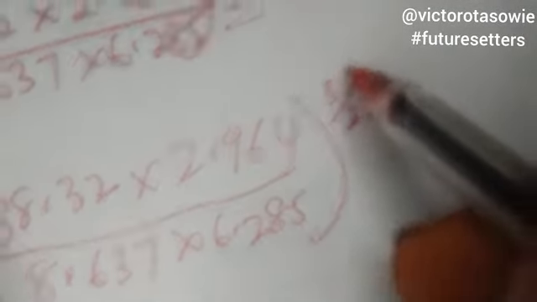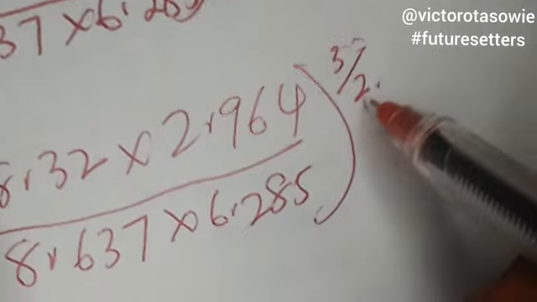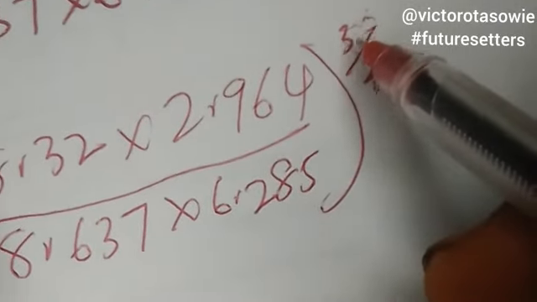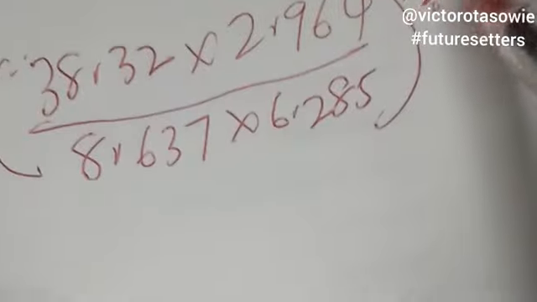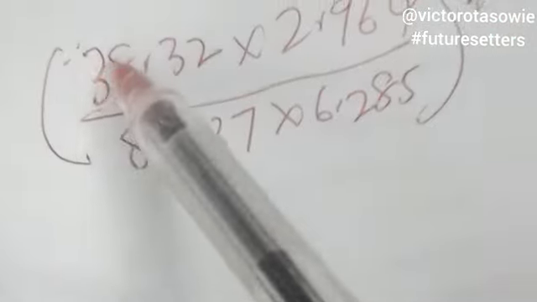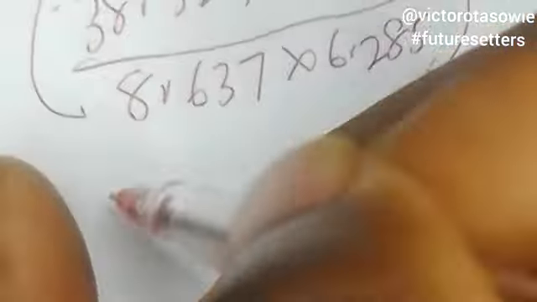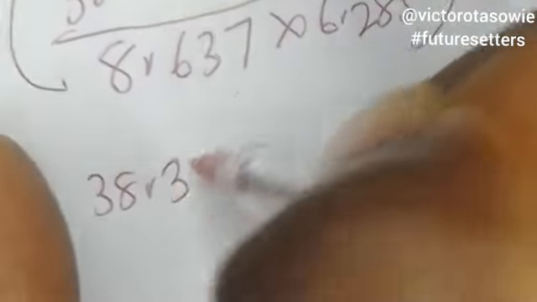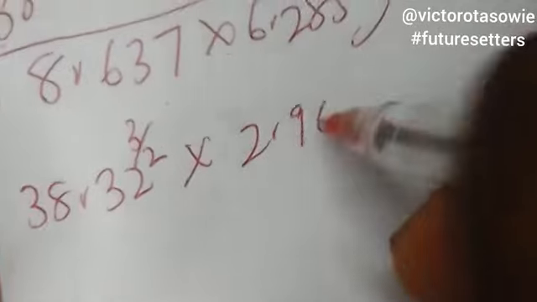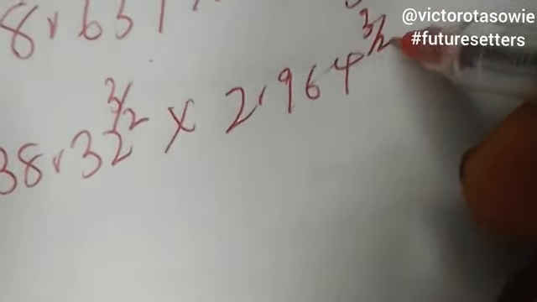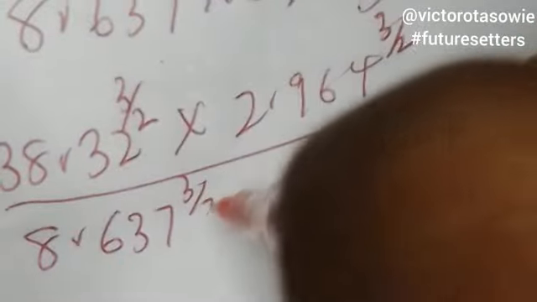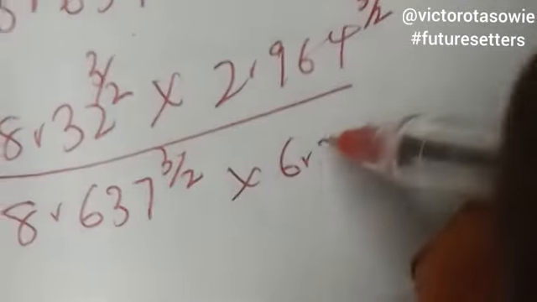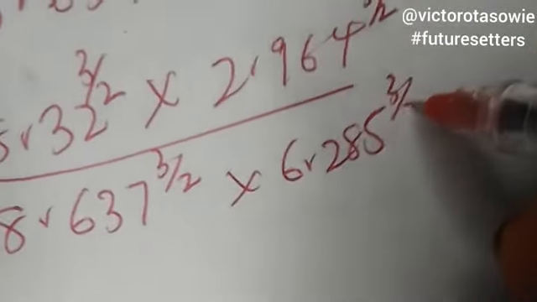Because this 3 over 2 indicates that this 2 is the root, while this 3 is the power. So meaning that everything here will be raised to 3 over 2. You know, this 3 over 2 you see here is covered by the numerator and the denominator. So meaning that what we have here is 38.32 raised to the power of 3 over 2 times 2.964 raised to the power of 3 over 2 divided by 8.637 raised to the power of 3 over 2 times 6.285 raised to the power of 3 over 2.